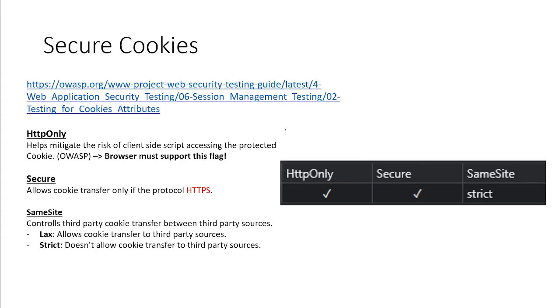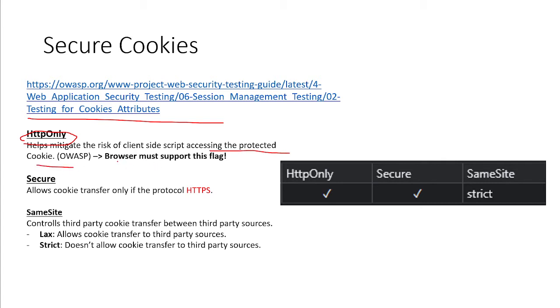Let's move on to the security of cookies. There are some attributes for providing security for cookies. You can use OWASP files to get more detailed information. HTTP only is a flag attribute for cookies, and it helps to mitigate the risk of client-side scripts accessing the protected cookie.